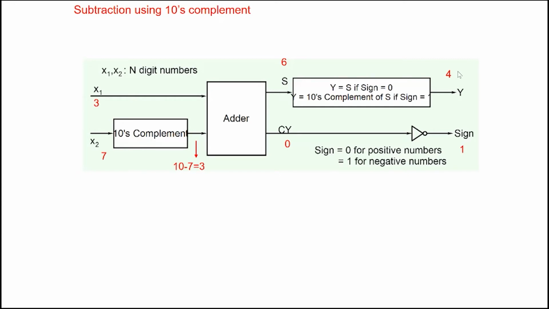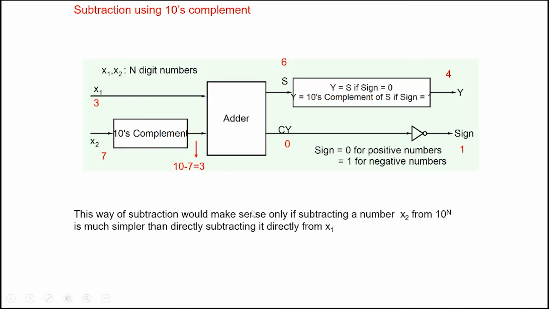Now, why are we doing all this complicated way of subtraction? This way of subtraction would make sense if subtracting a number, or basically doing a tens complement, were very easy. If doing a tens complement were very easy, then subtraction is basically similar to addition.